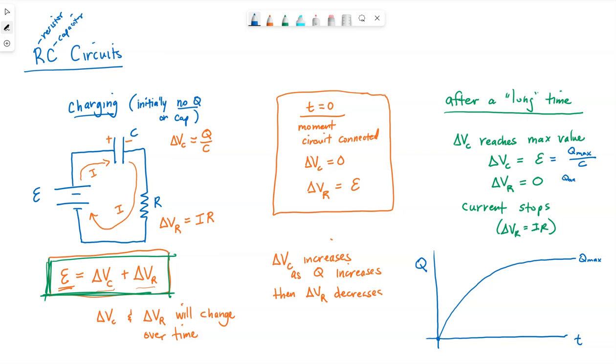So we can say Q max is the capacitance times the battery voltage. We can also draw a graph of potential difference versus time. The potential difference for the capacitor is going to mirror the charge equation. The resistor's voltage will decrease and reach 0.